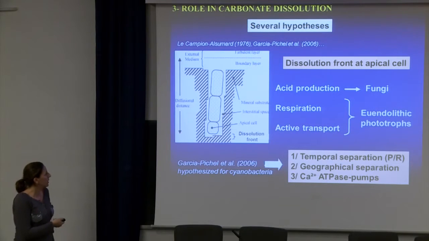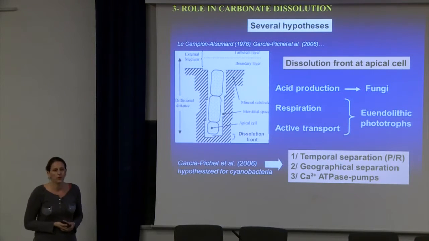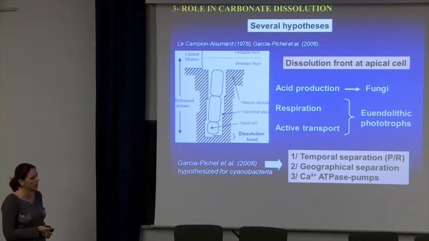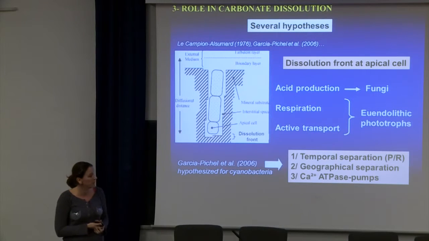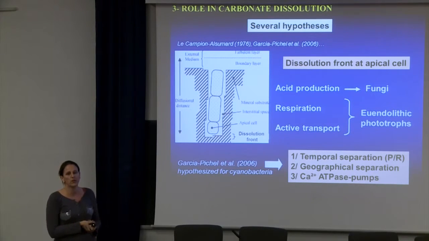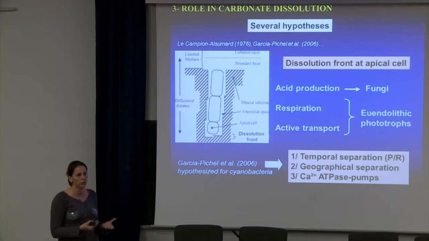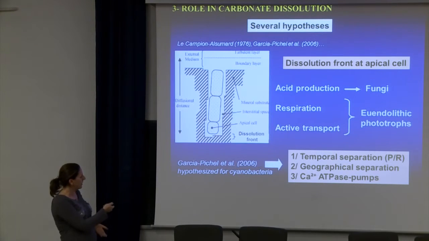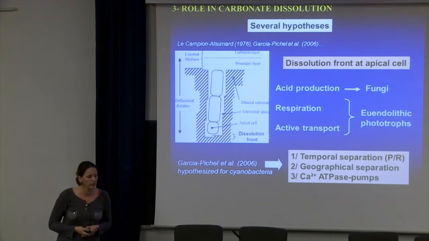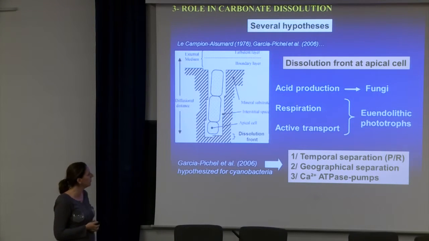Well, Garcia-Pichel made a nice review in 2006 and hypothesized different processes for euendolithic cyanobacteria. First, he suggested that there might be a temporal separation between photosynthesis and respiration, meaning that during respiration at night there might be dissolution going on because of the CO2 production.